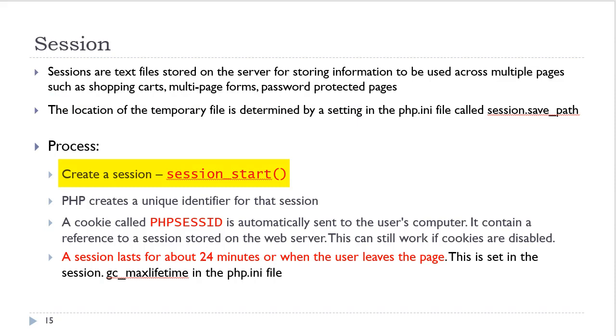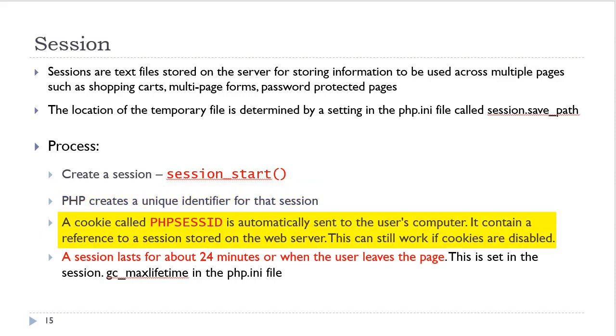A session is created using the session_start function. At that point, PHP creates a unique identifier for that session. There is a cookie identified by PHPSESSID that is sent to the user's computer.